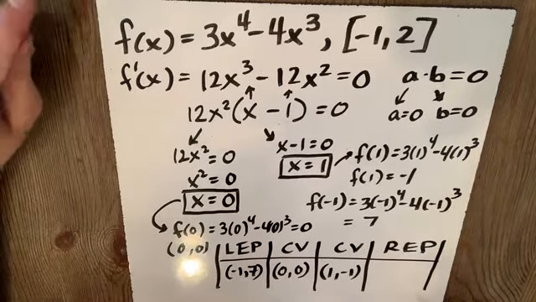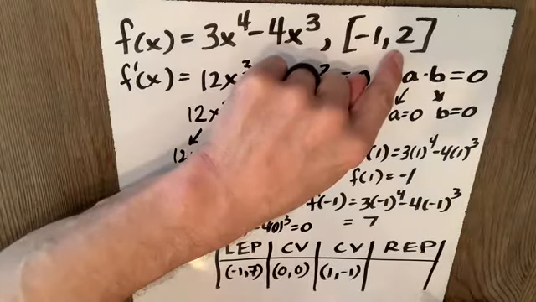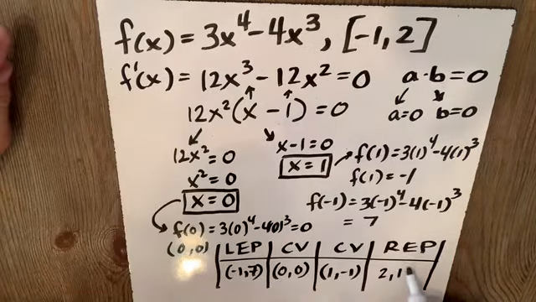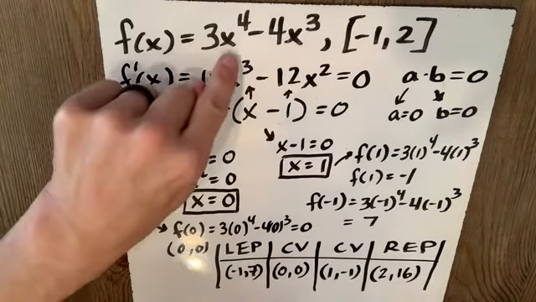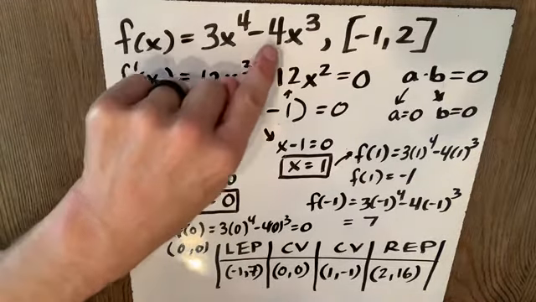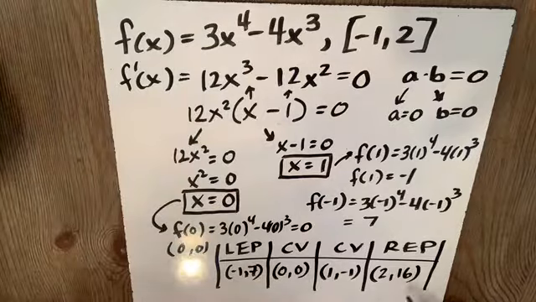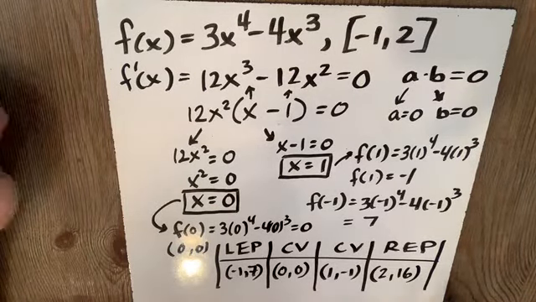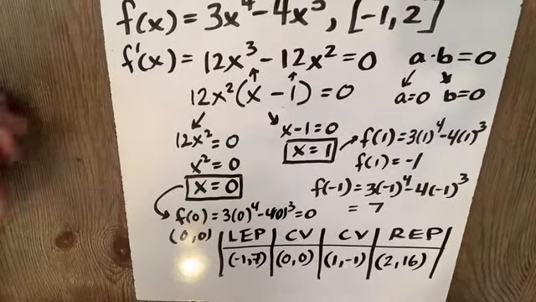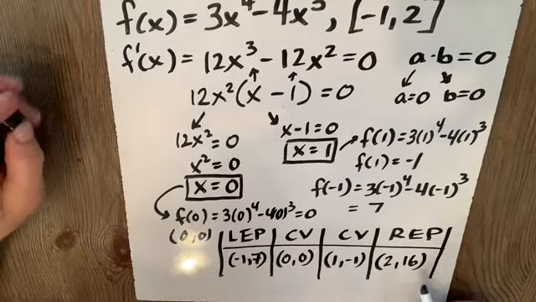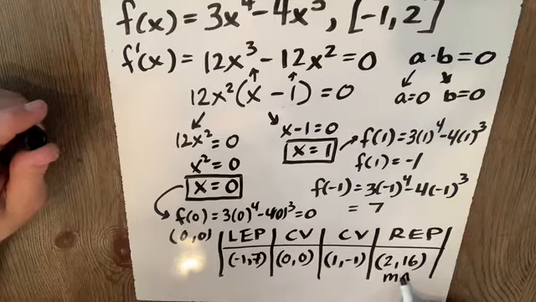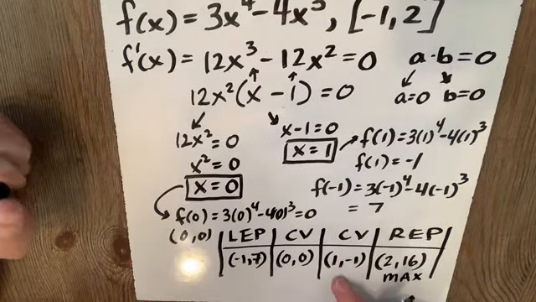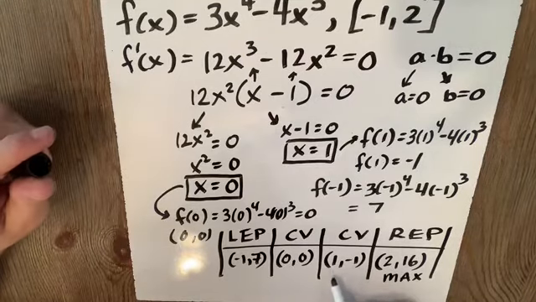And when I find f of 2, I get 16. I didn't show that, but what am I doing? I'm doing 2 to the 4th times 3 minus 2 to the 3rd times 4, and that's going to give me 16. Now, once I've got this scoreboard set up, I can easily see that my highest y value is at the endpoint. So here's my absolute max, and my lowest y value is at this second critical value. So here is my min.